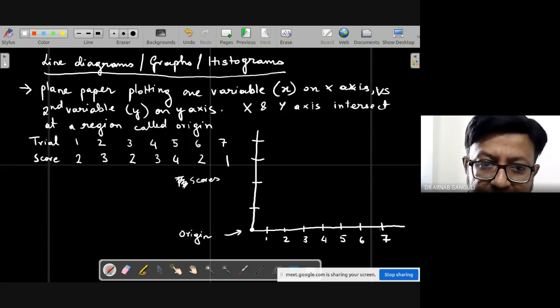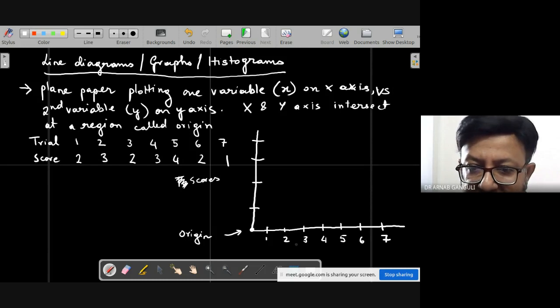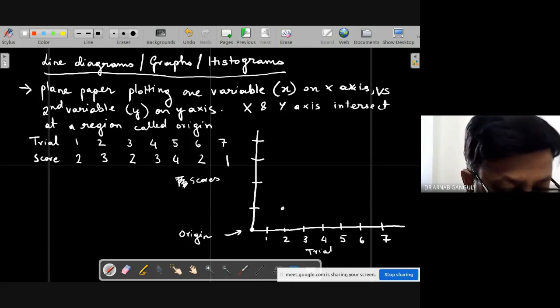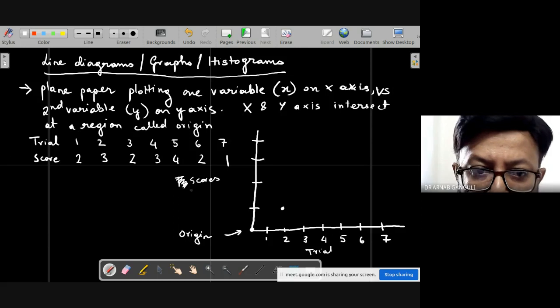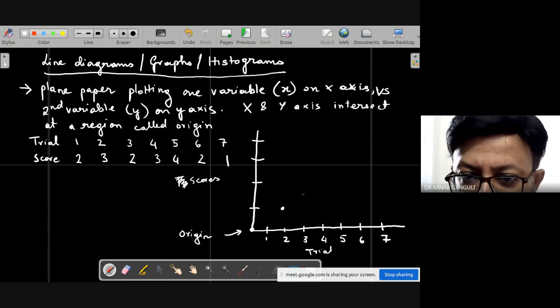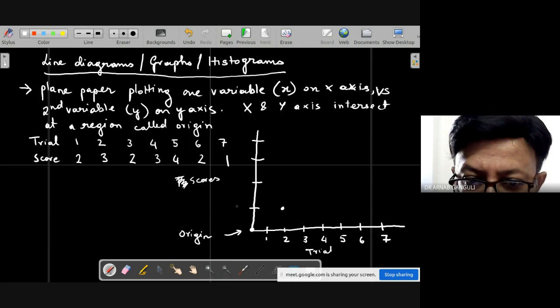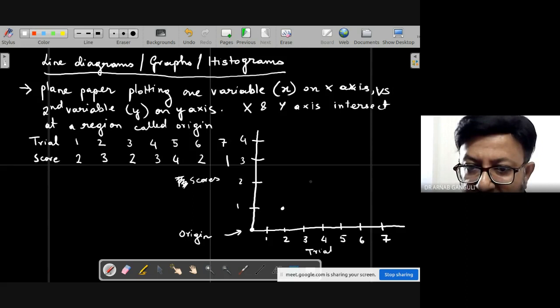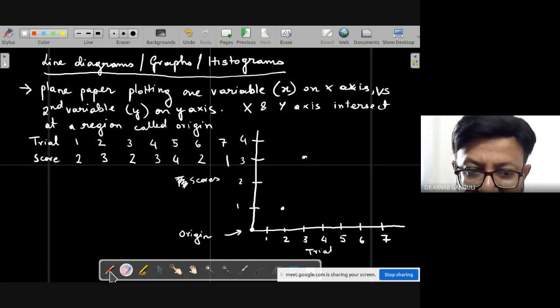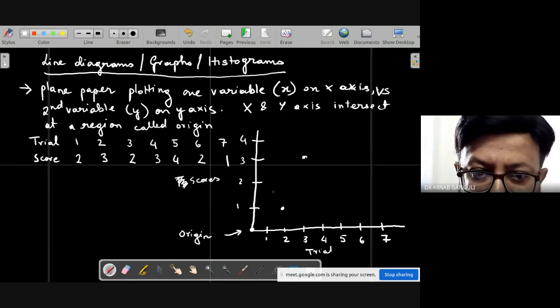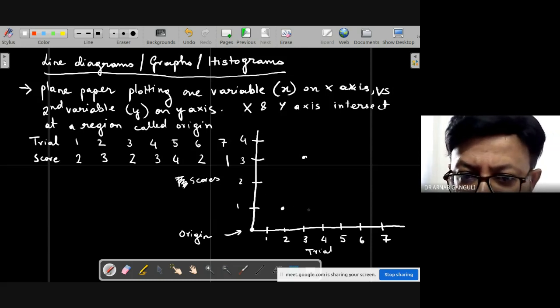Now you have to plot. Trial 1, what was your score? 2. One point is over here. In trial 2, what was your score? 3. Your score is here.